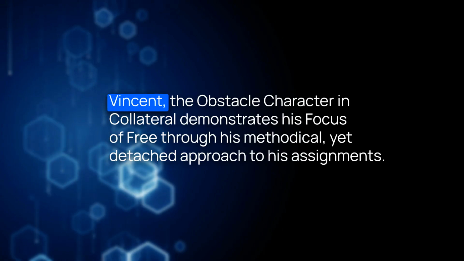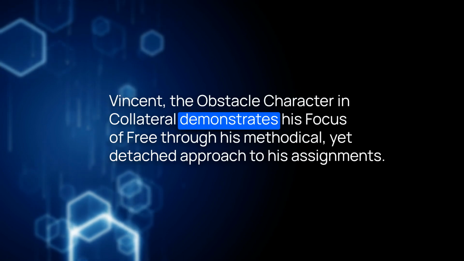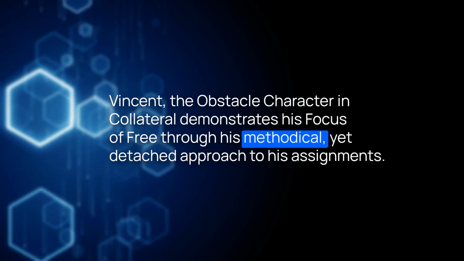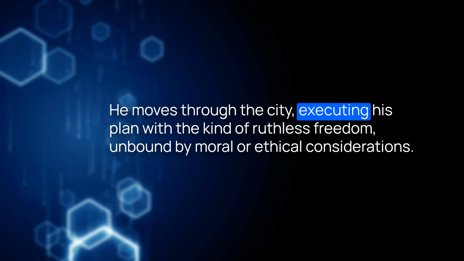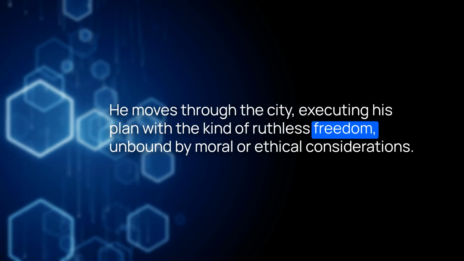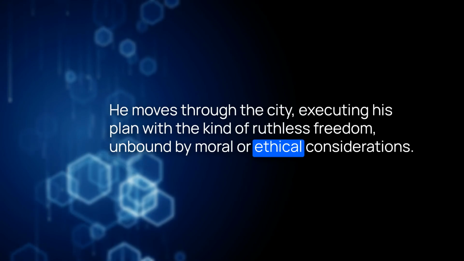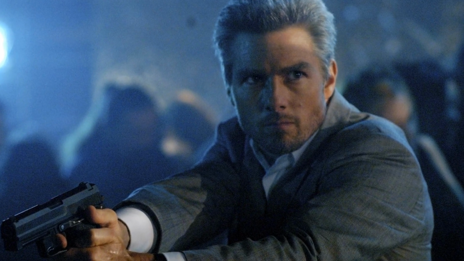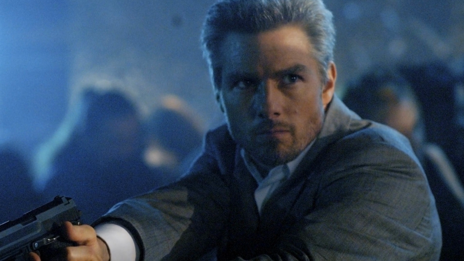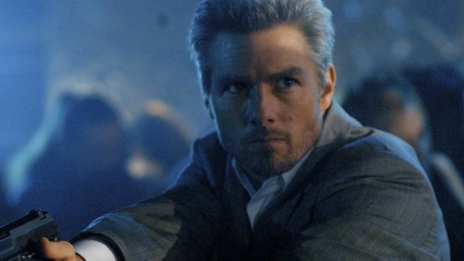And then for Collateral's examples of free and control, Muse wrote, Vincent, the obstacle character in Collateral, demonstrates his focus of free through his methodical, yet detached approach to his assignments. He moves through the city executing his plan with a kind of ruthless freedom, unbound by moral or ethical considerations. This is highlighted during the nightclub scene where Vincent efficiently maneuvers through the crowd to carry out his mission, unfazed by the chaos he creates.